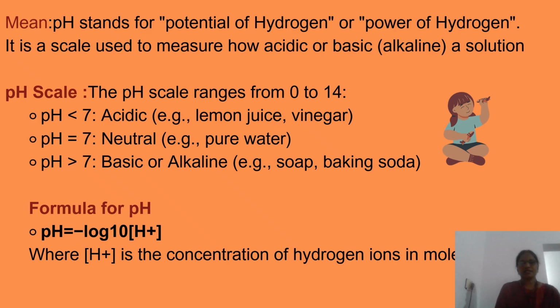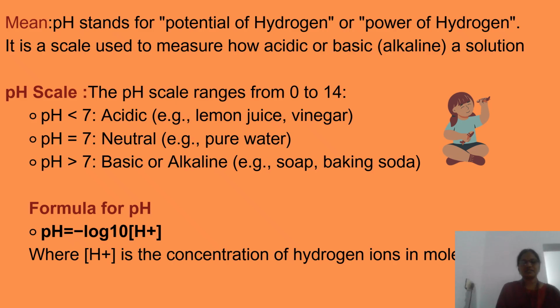The pH scale ranges from 0 to 14, and we represent it only as a numerical value. If the value is lesser than 7, the solution is acidic. Basic examples of acidic solutions are lemon juice and vinegar, or in our lab we routinely use hydrochloric acid, sulfuric acid and nitric acid.